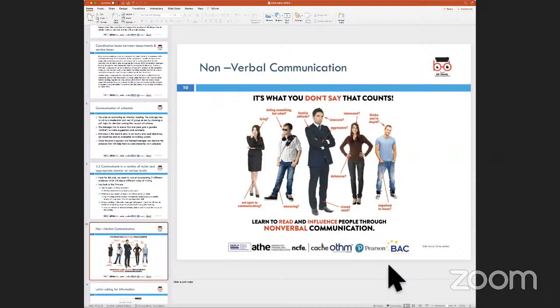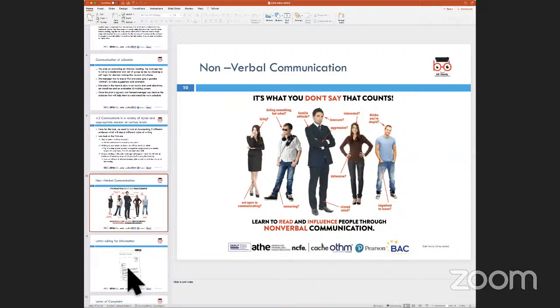Things like crossing your hands, putting your hands in your pockets, not making eye contact, crossing your legs while standing, nodding too much, or shaking your leg are all examples of body language and non-verbal communication that you may be doing inadvertently, whether you're aware or not, and they send out signals to people who are observing you.